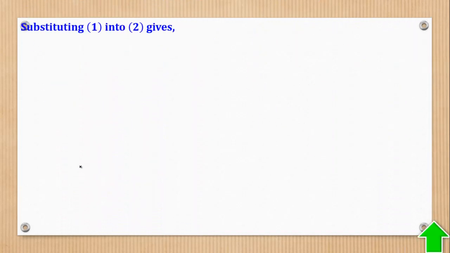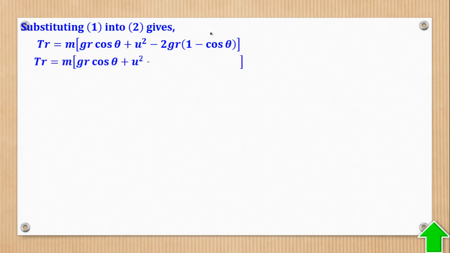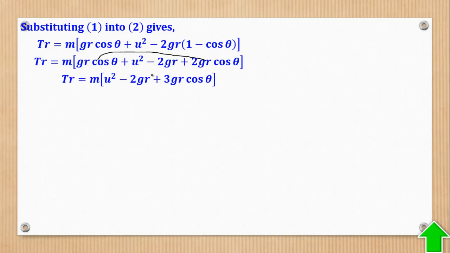Now substituting for v, you will come up with this. Where there was v squared, we shall put this. Then open this inner bracket to give you this. Collect like terms. This with this gives you this 3gr cos theta.